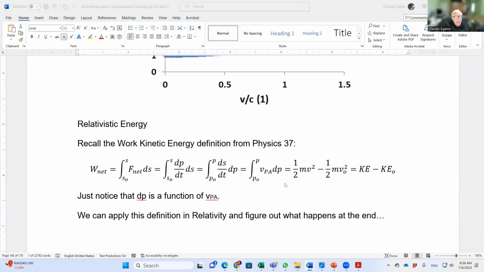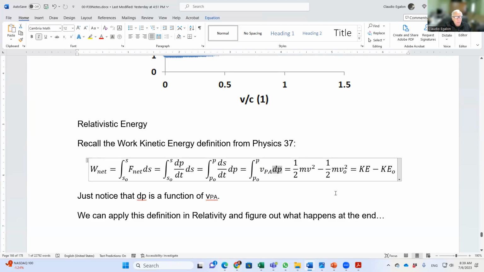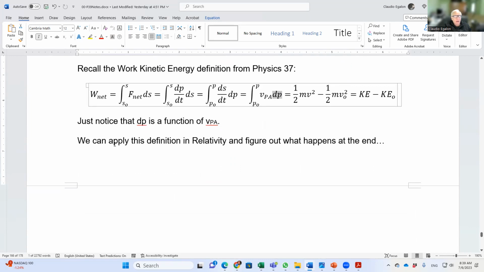Now we are going to apply the relativistic linear momentum here and see what happens. Einstein did that for us, and he got a very interesting result. Okay, it's a little bit lengthy, but it's going to be worth it. And by the way, if the initial linear momentum is zero, the initial kinetic energy is going to be zero as well. So I'm going to write this equation here.